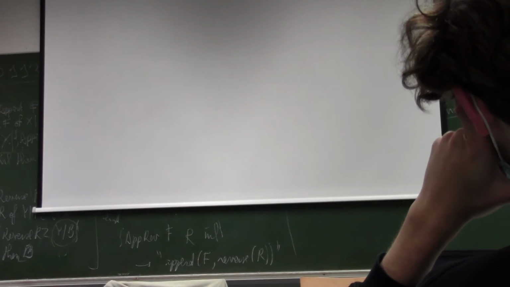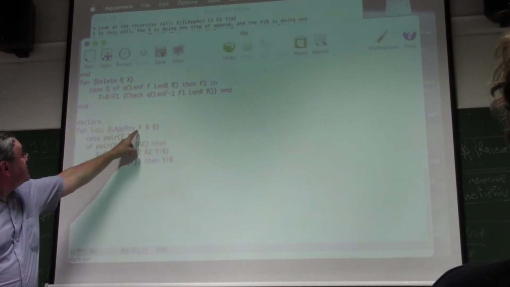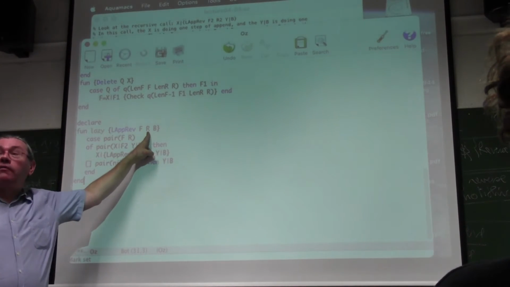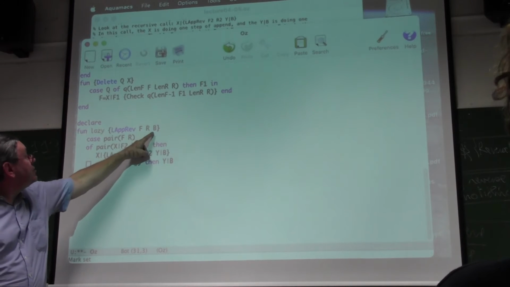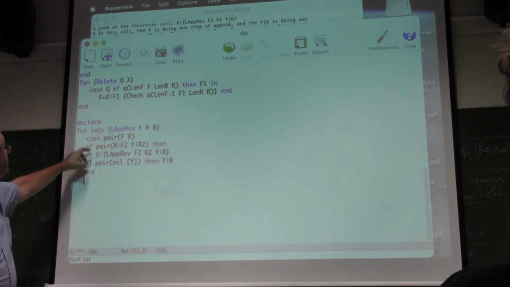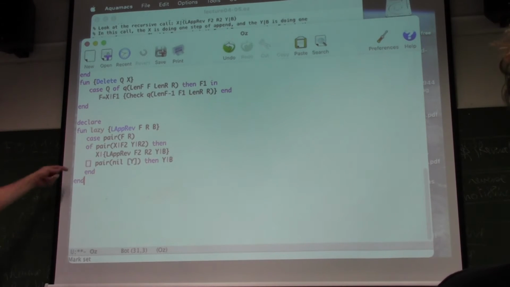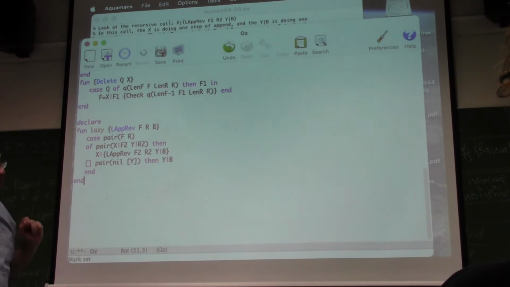This is a function that does both append and reverse. It appends f with the reverse of r. You see that? And when you call it, you start with b as the accumulator, so you start with nil. This will do append of f with the reverse of r. This is our Apprev function.